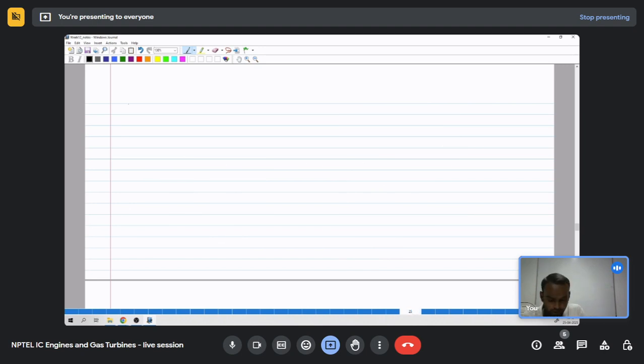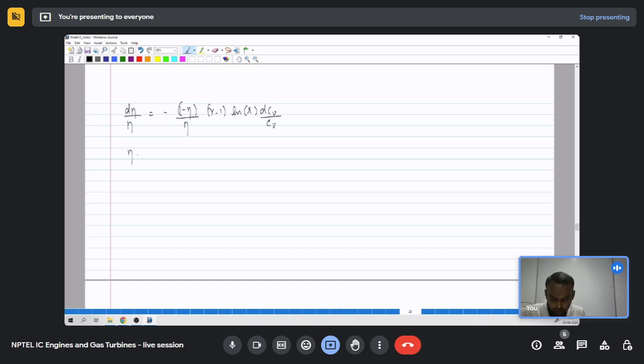Then this will become d eta by eta is equal to minus (1 minus eta) by (eta) (gamma minus 1) ln of r dCv by Cv.